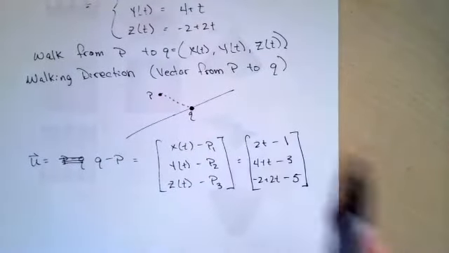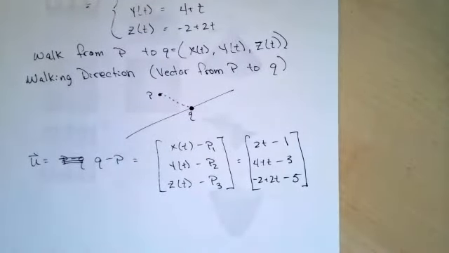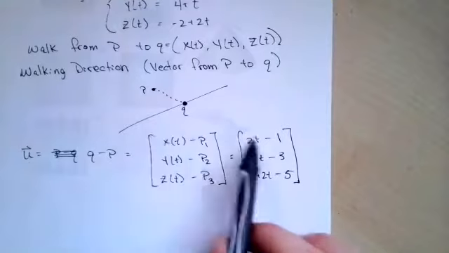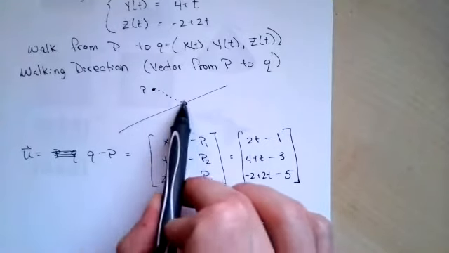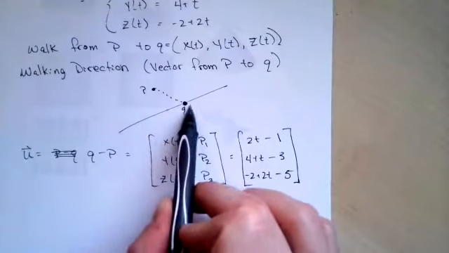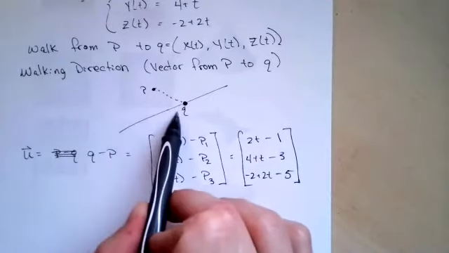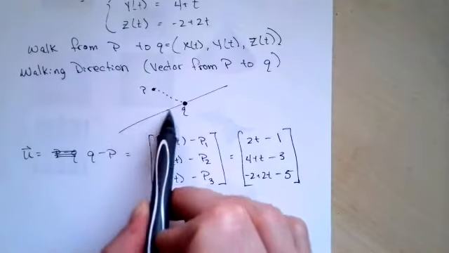And so now I have written this in vector form. This is a vector, and this vector u is going to change depending on t. So t is going to correspond to wherever we land, wherever Q is. So the direction we're going to walk is going to change depending on wherever we land.